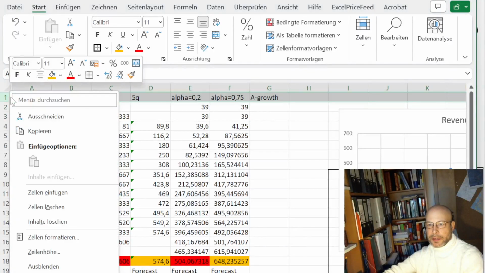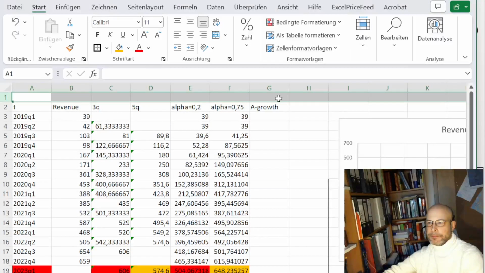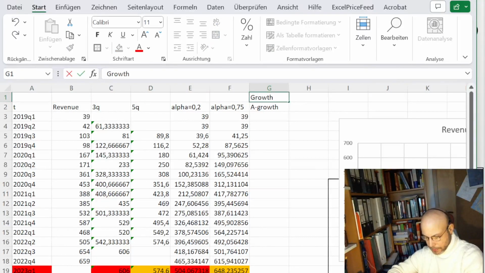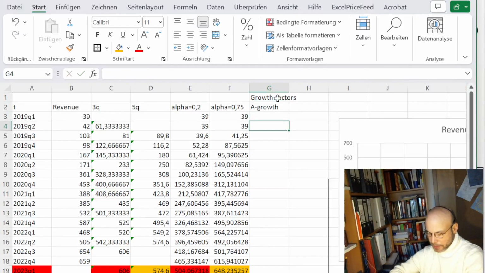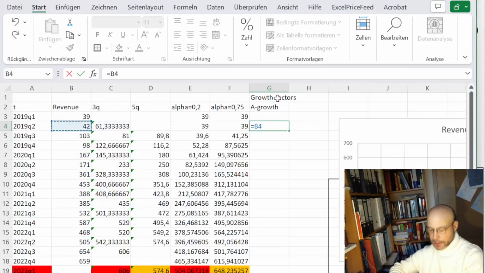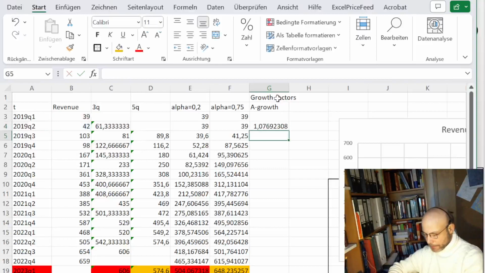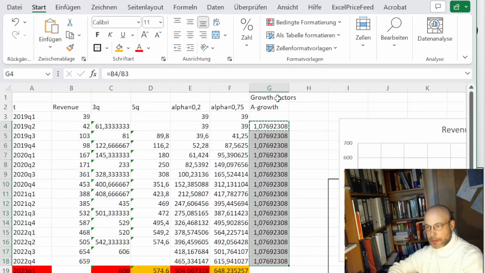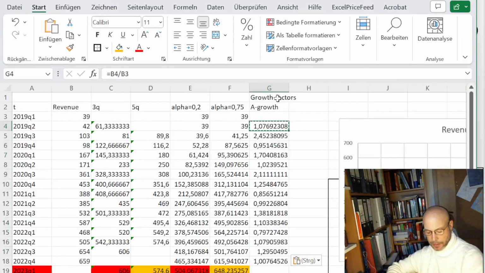Let's put in then here another line. So I write down here growth factors as a time series, and the growth factor is just the following value divided by the former value, so 42 divided by 39, taking this until the last quarter, and these are now all our growth factors.